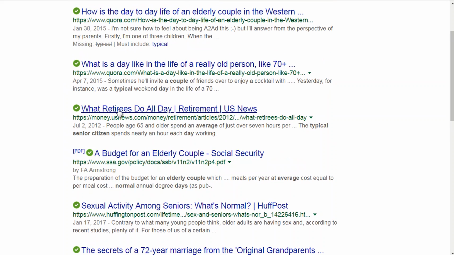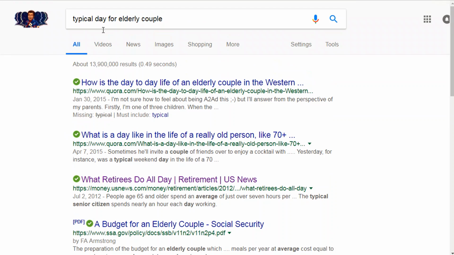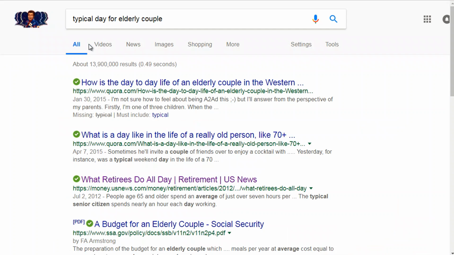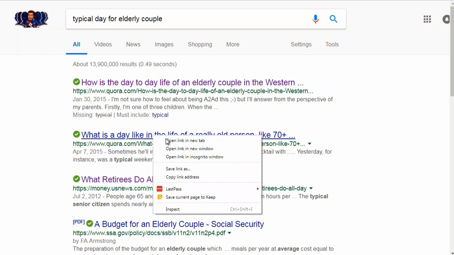You could even type in what young married couples do all day, or what fathers of big families do all day. So let's scroll up here. Opening up this one, it says, how is the day-to-day life of an elderly couple in the Western Hemisphere? Or what is a day like in the life of a really old person, like 70 plus?